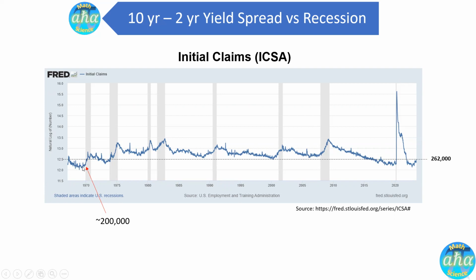Obviously, it starts from a very low baseline for the 1970 recession, so it's not really comparable to our current case. And for the next recession, 1974, you can see that the initial claims data is around the current level, which is 260,000, when the recession actually started.